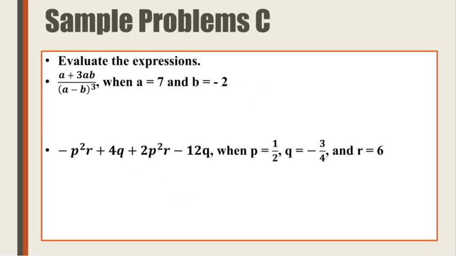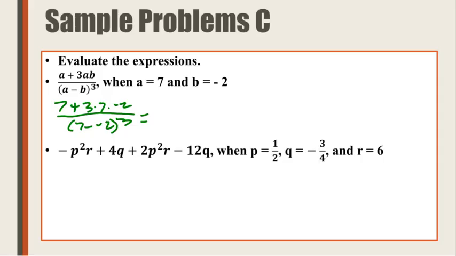Next, we're going to evaluate these. So here I'm going to put 7 in for a. So I got 7 plus 3 times a, which is 7, times b, which is -2, divide all that by 7 minus a negative 2 cubed. So this top part, 21 times negative 2 is negative 42.